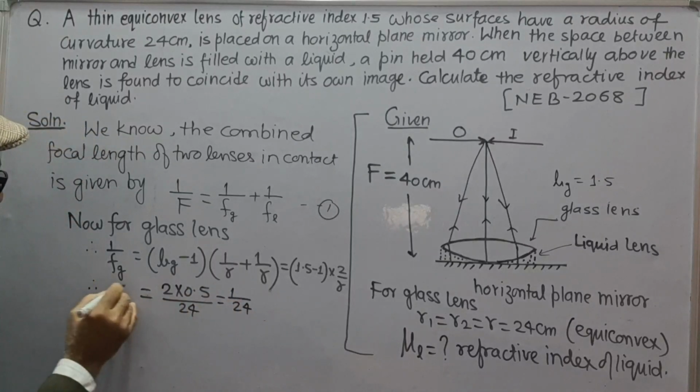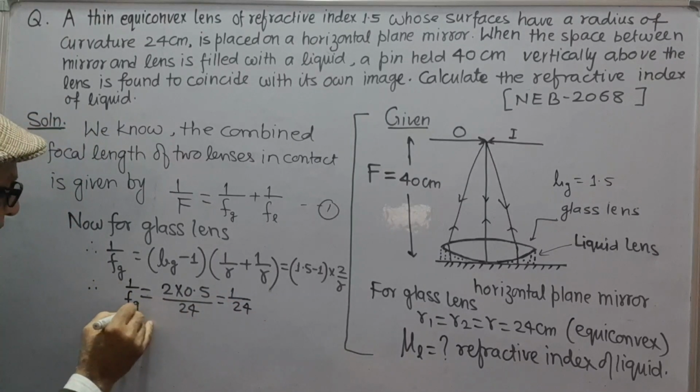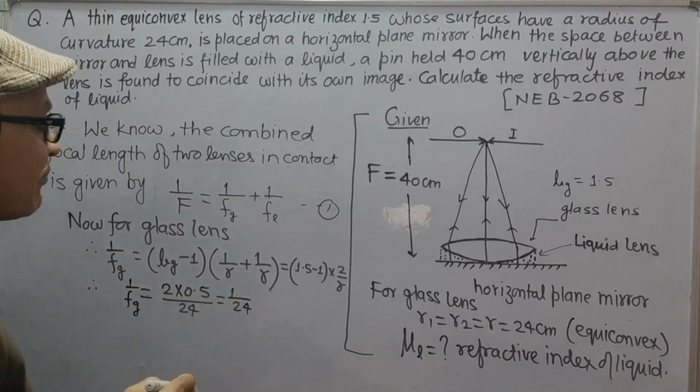So 1 upon Fg will be equal to 1 upon 24.